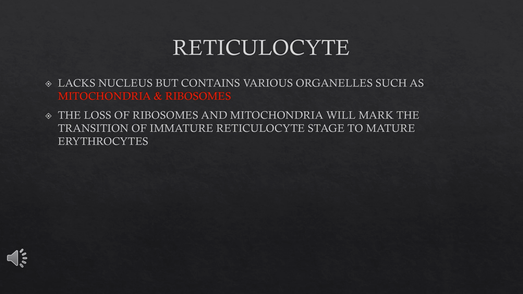During the reticulocyte maturation, the RNA is being catabolized and the ribosomes slowly disintegrate before they become a mature RBC. So a mature RBC has no nucleus, remember? The loss of ribosomes and mitochondria will mark the transition of the immature reticulocyte stage to your mature red blood cell.